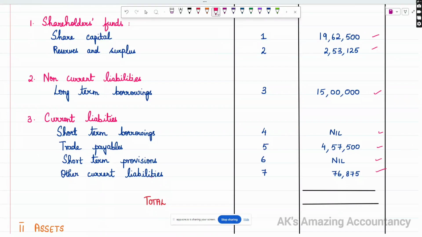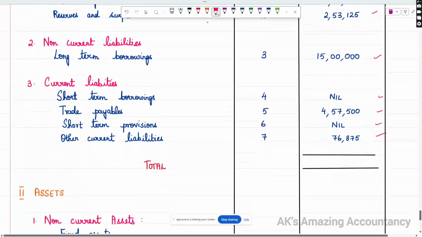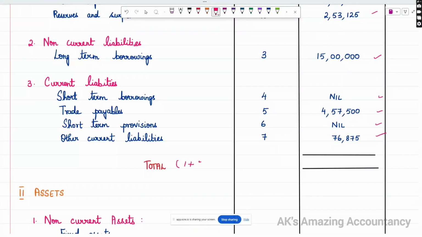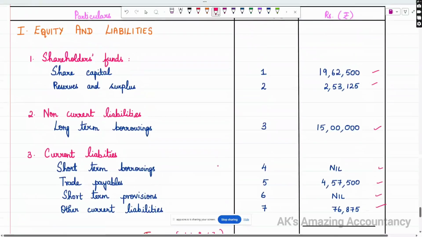Now we have to arrive at the total. This total is nothing but the total of equity and liabilities. When I say it is the total of equity and liabilities, it is the total of 1 plus 2 plus 3. What do you mean by this? It is a total of shareholders funds, non-current liabilities and current liabilities. So you can add all this and check.